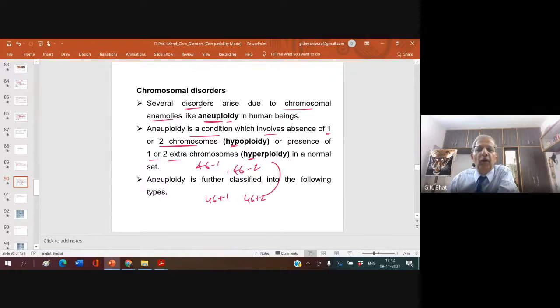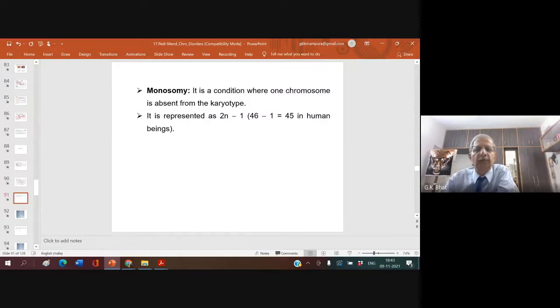This is hyperploidy, this is hypoploidy. Aneuploidy is further classified into the following types. Monosomy. Please remember, in a diploid organism, each chromosome is present in 2 copies. Disomy. Each chromosome is present in 2 copies. Why 2 copies?